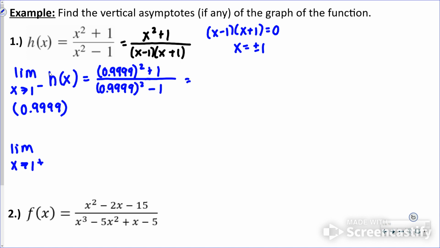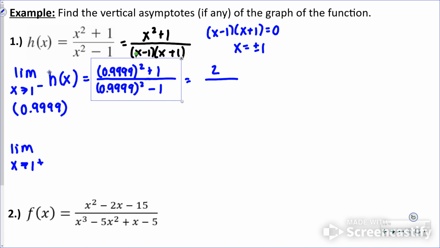All right, so this is obvious. 0.9999 squared is going to be really close to 1, but just a little less than 1, right? And if you need to type it in your calculator to prove that to yourself, you can. So up top, that's going to get close to 2. So it's pretty close to 1, a little less.